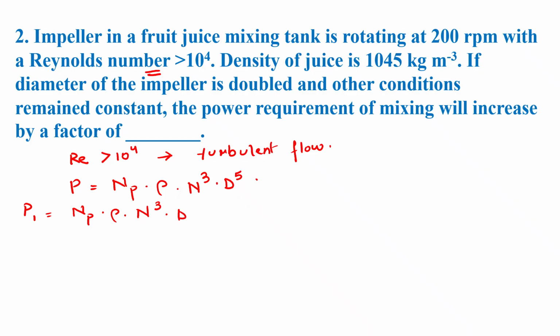Now after doubling the diameter, say diameter is my D2. After doubling this, it will be equal to 2 times D, the initial diameter.